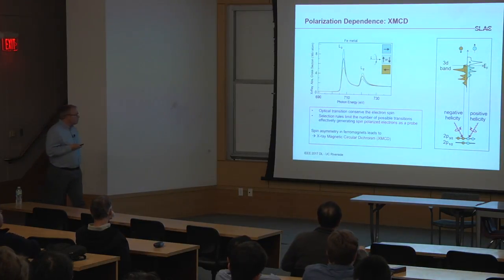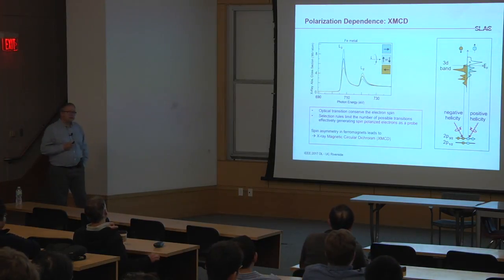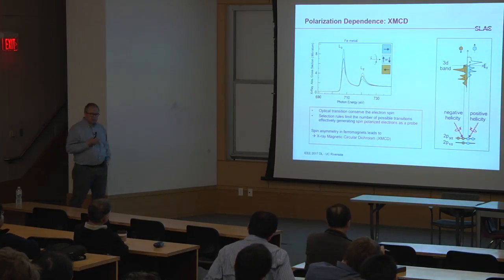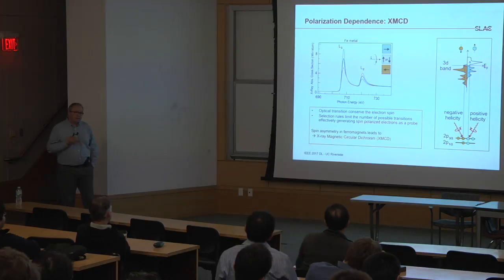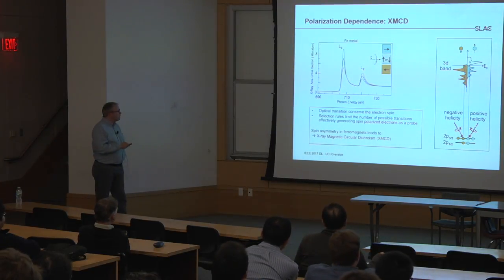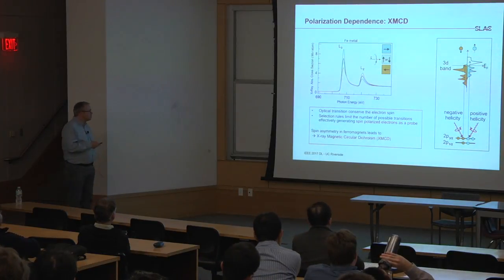And then finally, the fact that you can choose the polarization that is generated by your synchrotron, or that you use in your experiment, helps you to identify different magnetic states in your sample. So, for example, we stay with iron because iron is always our guinea pig.